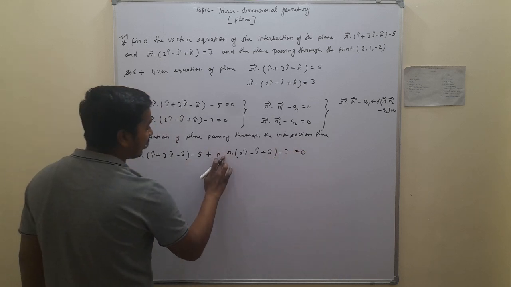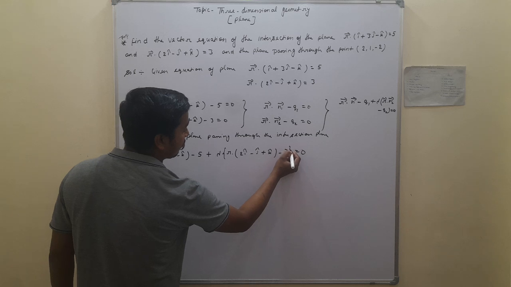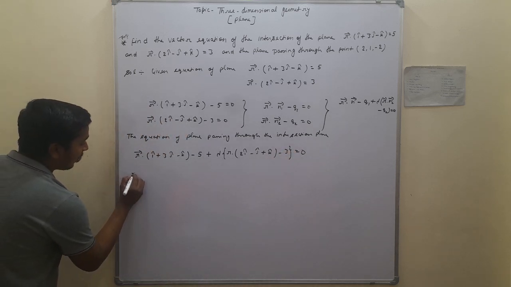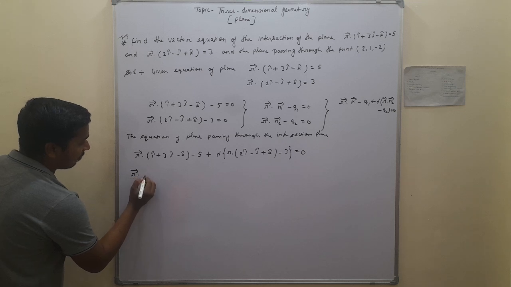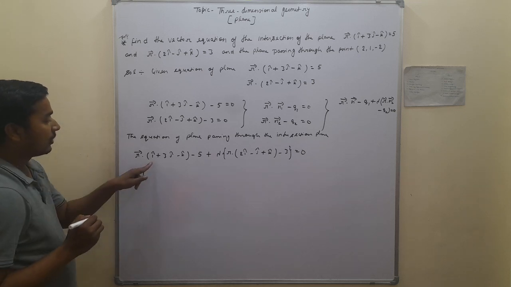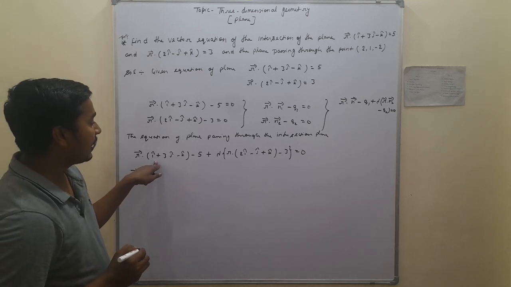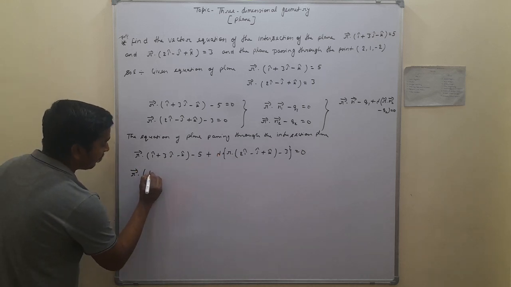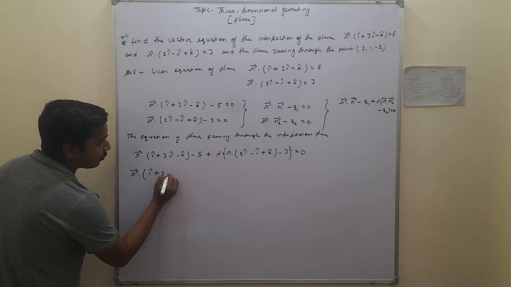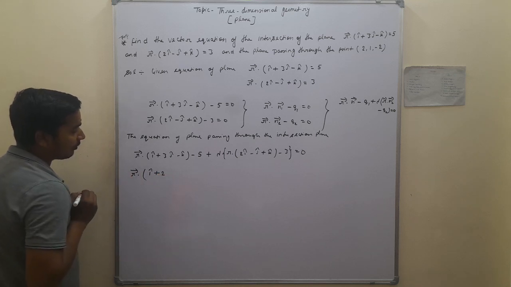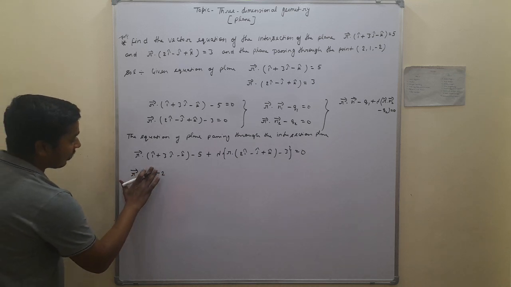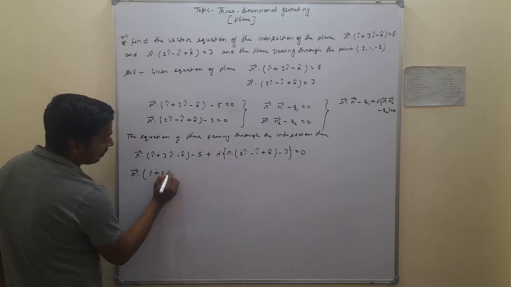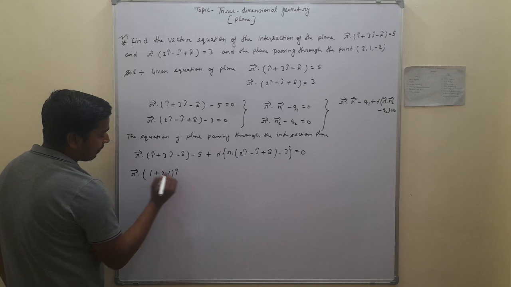We use a curly bracket here, and further we can write this as r vector dot, taking r common, the coefficient of i is 1 plus 2 multiplied by lambda, that is 2 lambda, i cap.